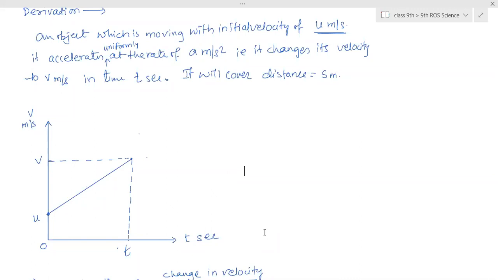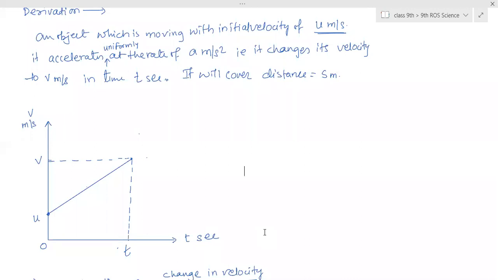But if the question is asked for 3 marks, derive the position time relation. The position time relation is the second equation of motion. So for deriving the second equation of motion, you need a graph. And for the graph, you cannot only draw a graph.